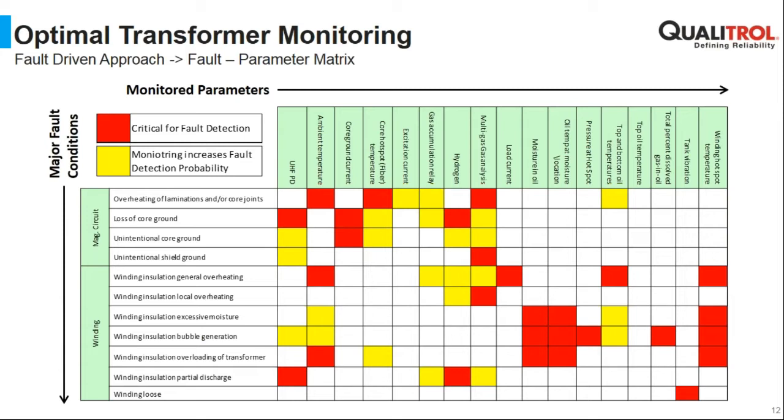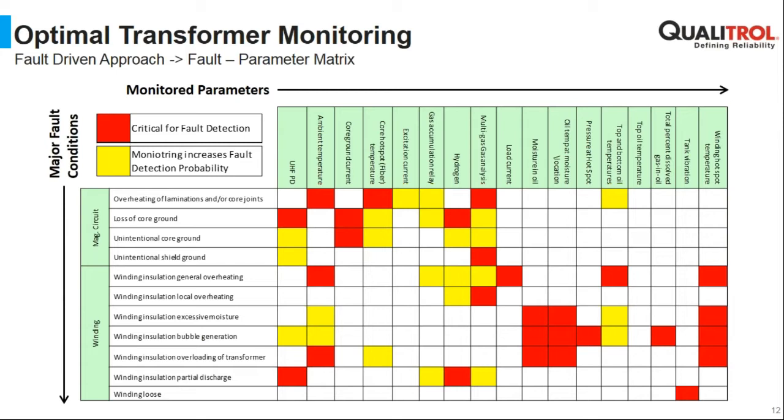It could be in terms of monitoring, as we heard, or also in terms of some parameters in periodic checks. But the red ones are the key parameters, and if we want to increase the confidence in the results, then the yellow ones can give us some further information. For example, for loss of core ground, if you measure the core hotspot with a fiber optic and you see an increase there, then of course that could be connected to it.